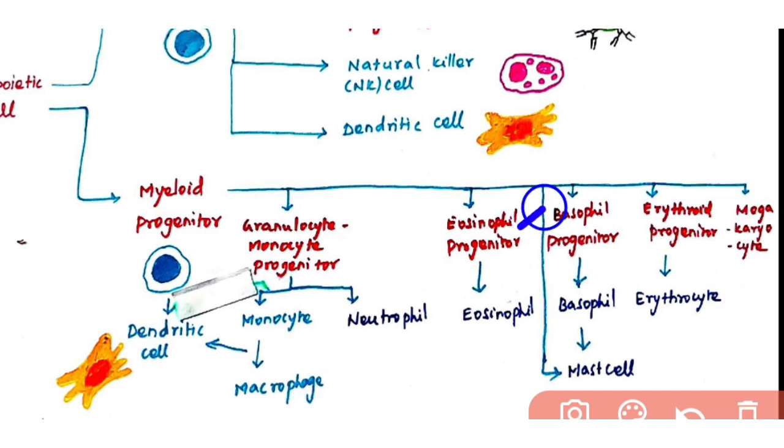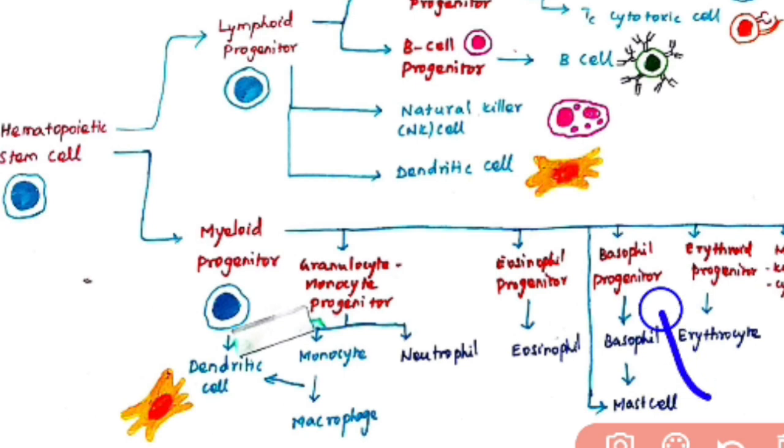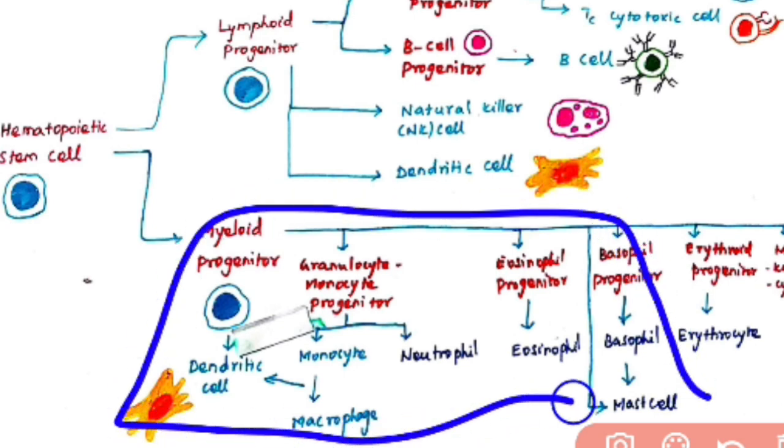Eosinophil progenitor differentiates into eosinophil, and basophil progenitor differentiates into basophil. Basophils circulate in blood and in tissues differentiate into mast cells. Then erythroid progenitor differentiates into erythrocyte and megakaryocytes differentiate into platelets. Erythrocytes and megakaryocytes are not involved in our immune system, so except these two cells, we will see in detail about all the other cells.